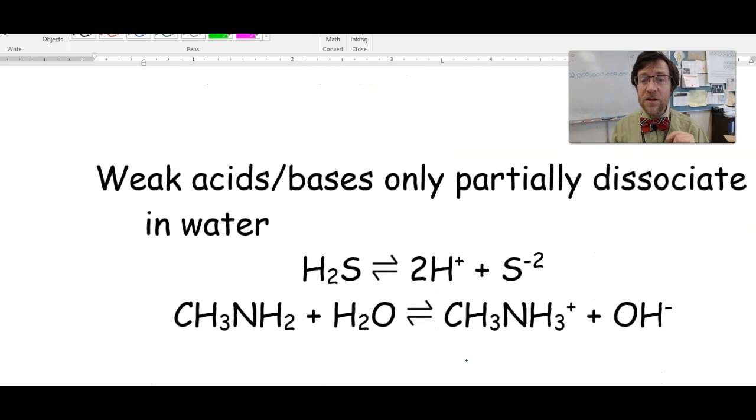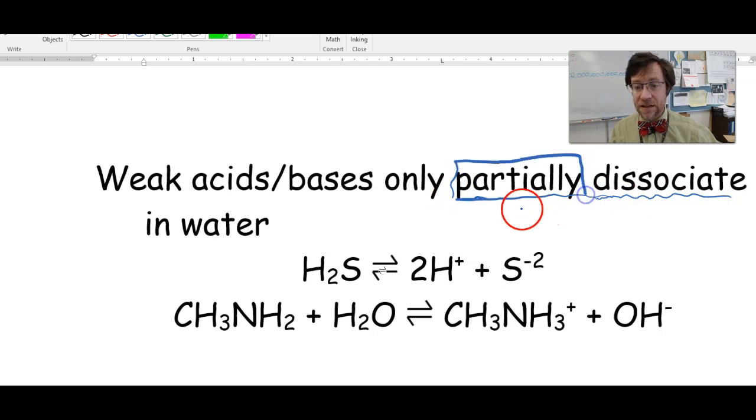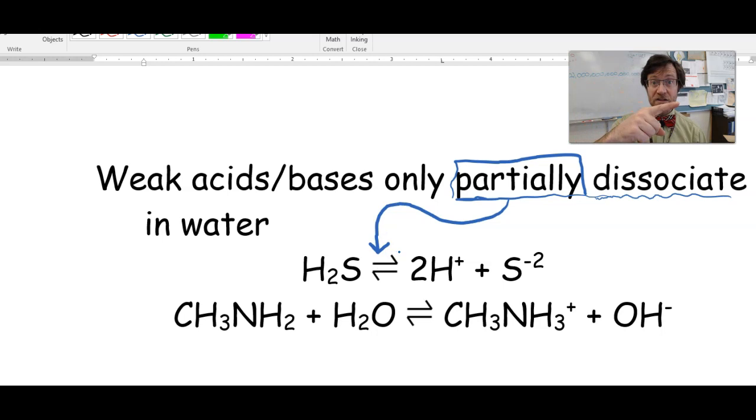Because when you have a weak acid or a weak base, they partially dissociate. They partially dissociate. This is really important. And to understand that, I want you to look at this symbol right there. So what that means is that the forward reaction happens, then the reverse reaction happens.